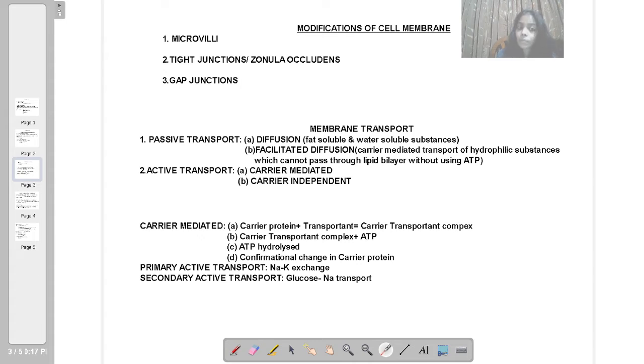So microvilli, what are these? Microvilli are basically found in cells of intestines or in the lining of the uriniferous tubules. What are uriniferous tubules? Nephrons.